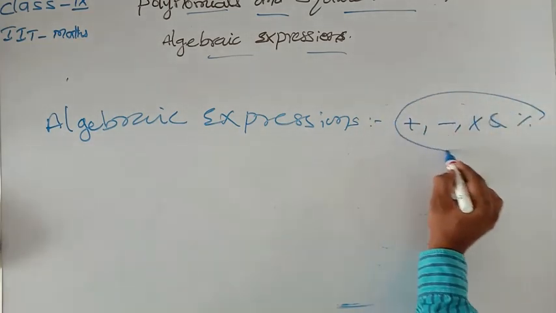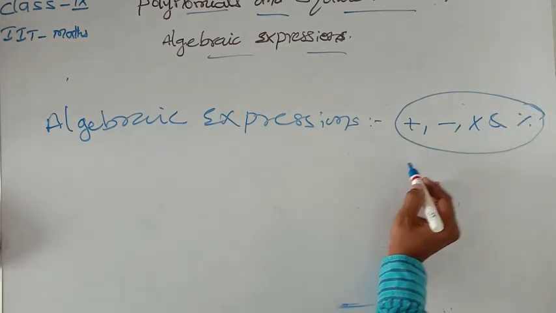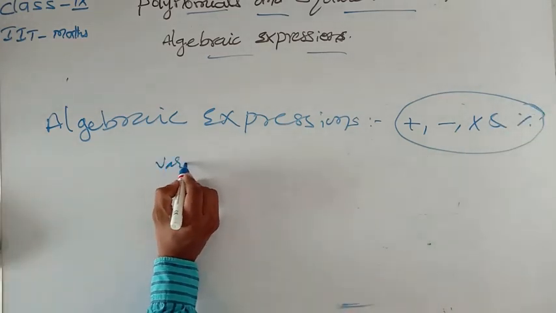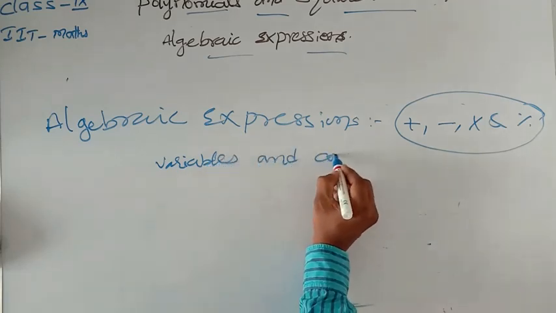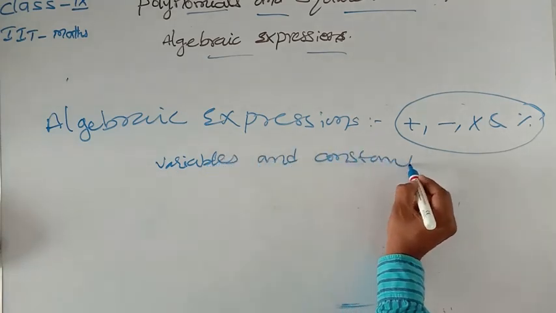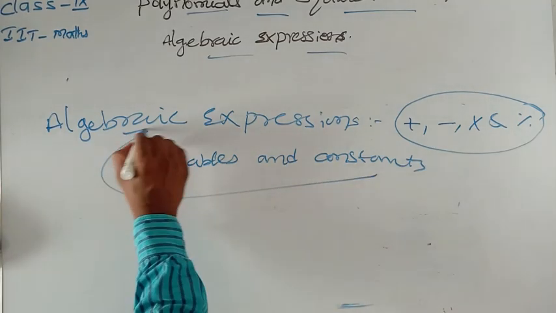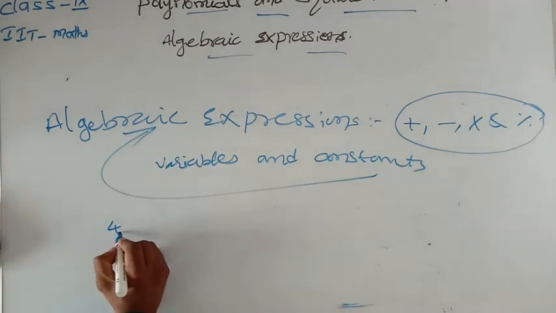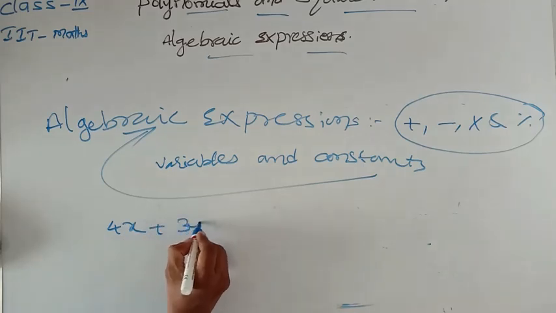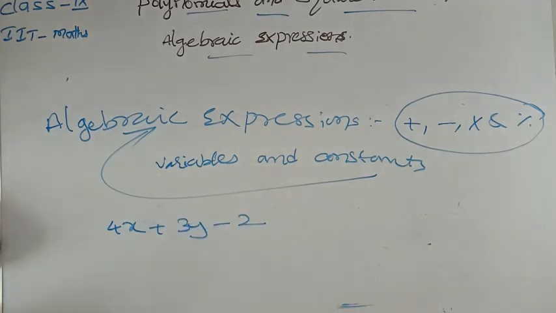So when these 4 mathematical operations are connected with variables and constants, then it is called an algebraic expression. Example, 4x plus 3y minus 2.